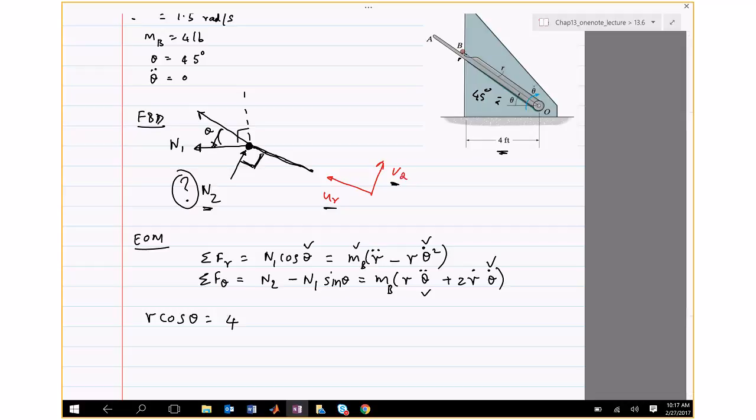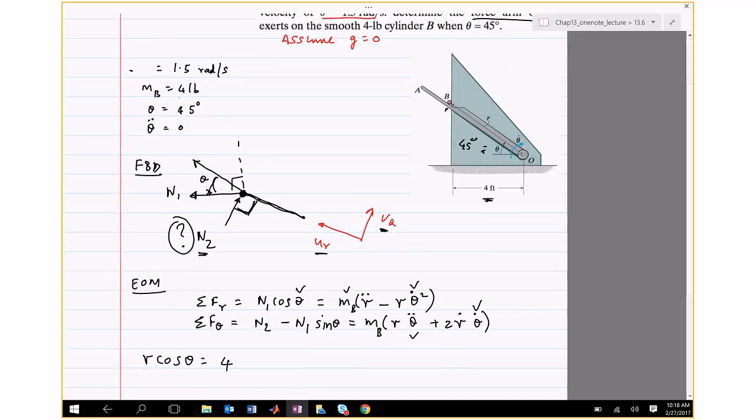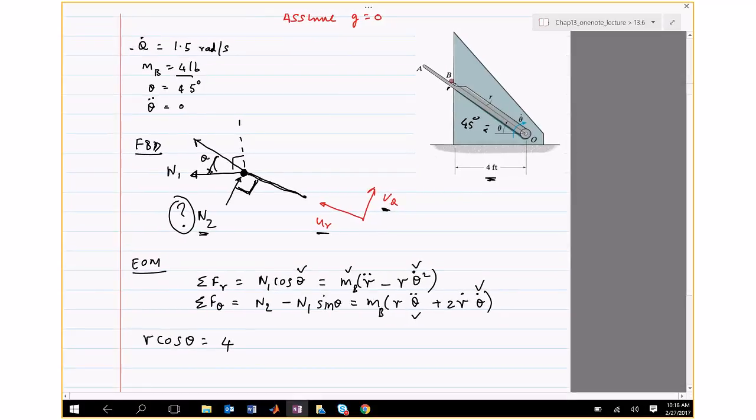Is the mass 4 or would it be 4 divided by gravity? The mass is 4 pounds. Wouldn't that be like the slug? Oh no, you just have to use 4 there. No, sorry, you've got to do 4 divided by 32.2, right? There's no gravity. Yes, right.